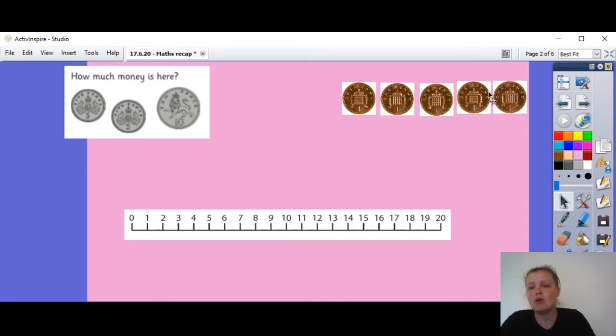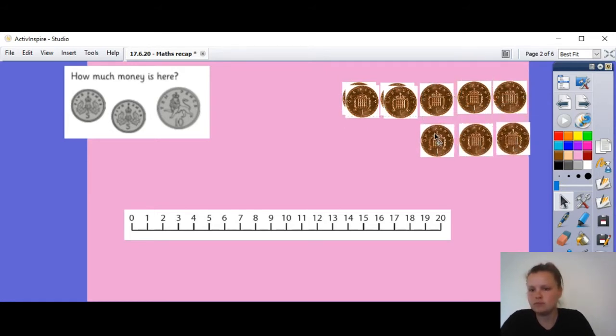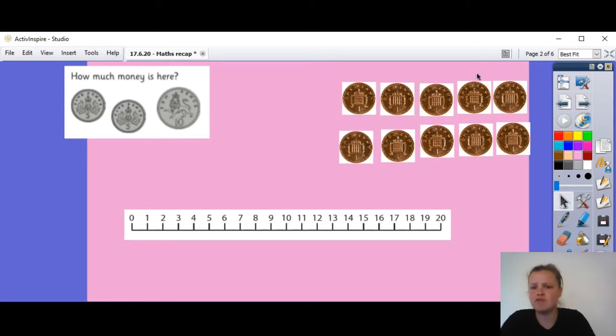If I copy this and move them down, there we go. This shows us our first 5p coin. This shows us our second 5p coin.